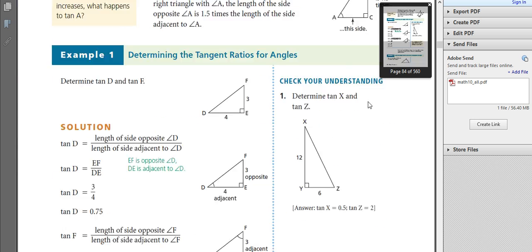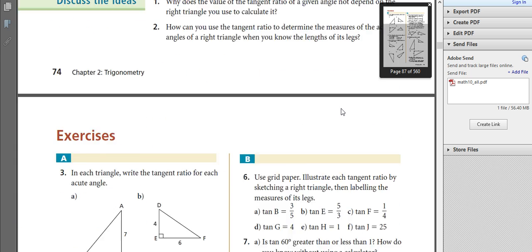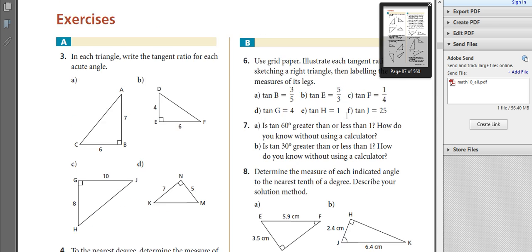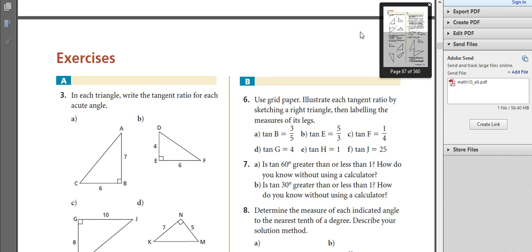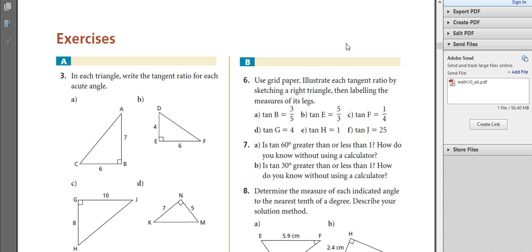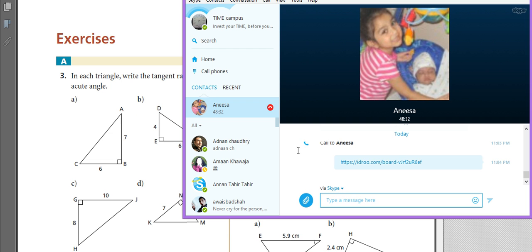The page number for that book is 75, from where the exercise starts. Okay, one second, I'll write it down, page 75. I can message you as well. Okay, yes, please.